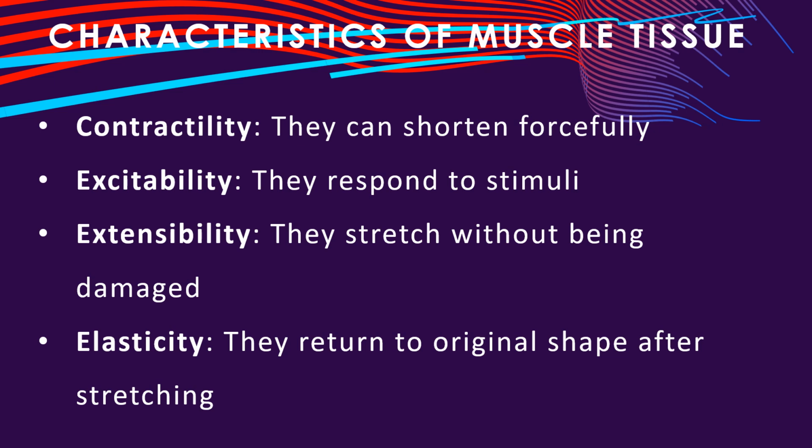Extensibility: your muscle tissue can stretch without being damaged. And in relation to extensibility, elasticity: they return to their original shape after stretching. These properties are provided by the presence of your myofibrils, and these myofibrils contain contractile proteins known as actin and myosin.